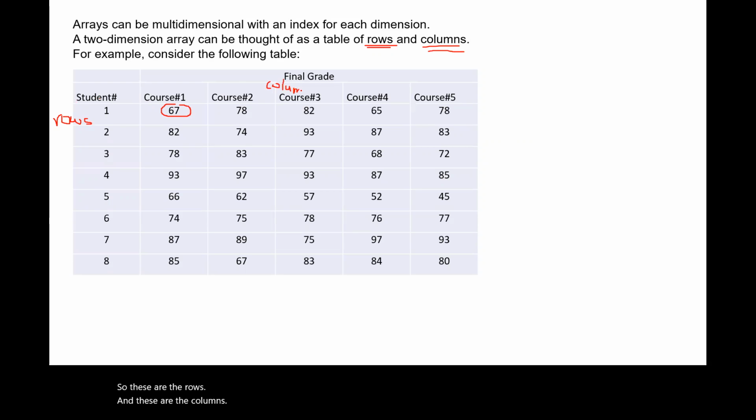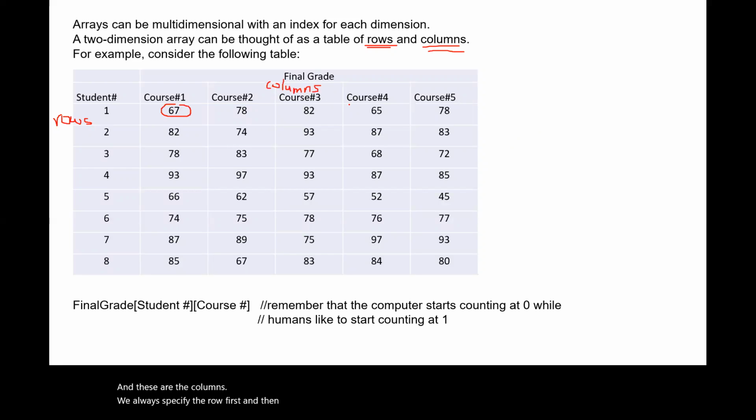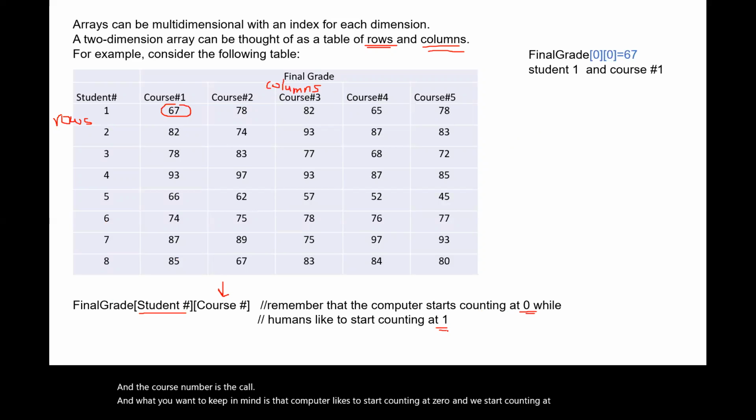We always specify the row first and then the column. So if we have called this final grade, then the student number is the row and the course number is the column. And what you want to keep in mind is that computer likes to start counting at 0 and we start counting at 1. So let's take some examples.